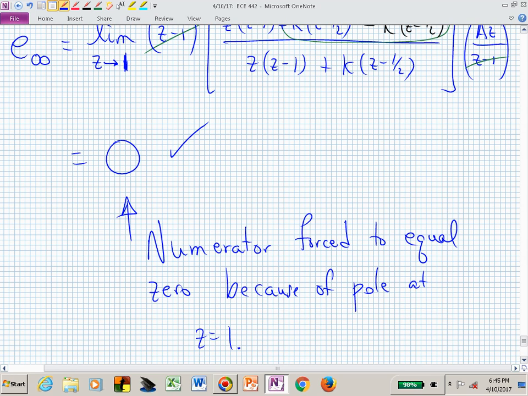The numerator in that expression was forced to equal 0 because of the pole at z equal 1. That was the design. That's what happens when we introduce an integrator piece in our controller. So with a PI controller, we've guaranteed 0 error due to a constant input. And we were able to talk about different values of alpha, different values of 0 location in that PI controller, based on your root locus sketching ability.